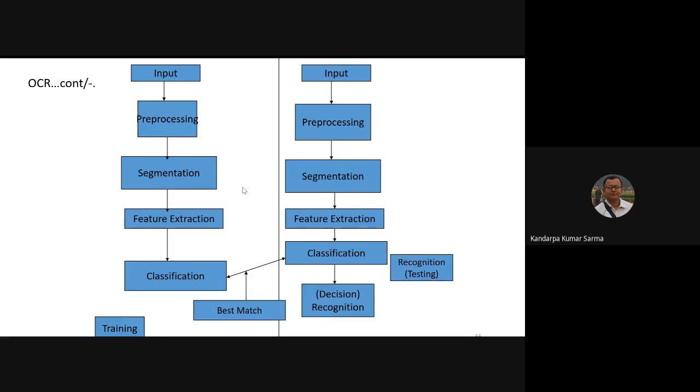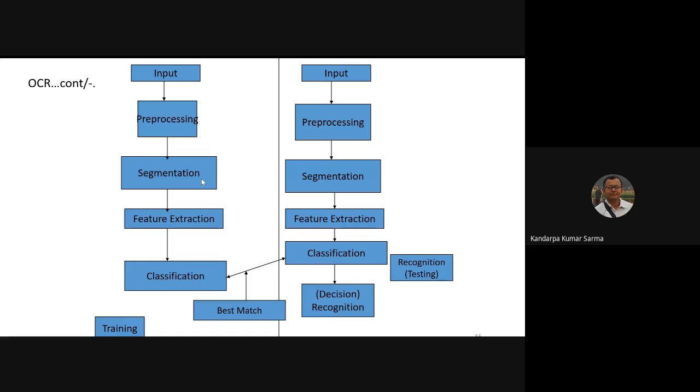The process can be something like this. You have a training stage and a testing stage. In the training stage, you read the patterns, do pre-processing, and do segmentation. Segmentation means words are segmented out from the sentences, and from the words you segment out the characters.